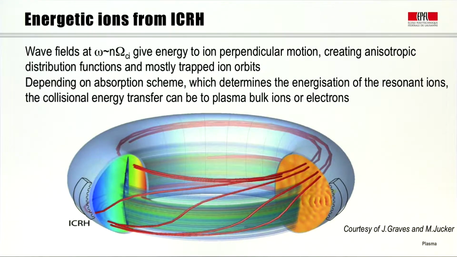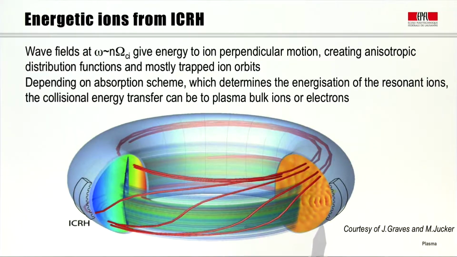If we create very energetic resonant ions, then the collisional transfer will be mainly on electrons, whereas if the energetic resonant ions have a lower energy spectrum, then the collisional transfer will be primarily to the plasma bulk ions.